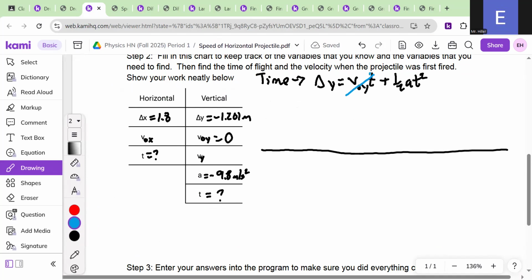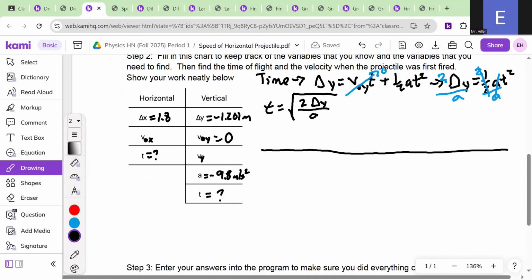So v naught y t cancels, and I get delta y equals 1/2 a t squared. Remember how we solved for time last time? Multiply by 2, divide by a, and square root. So time is the square root of 2 times delta y over the acceleration.